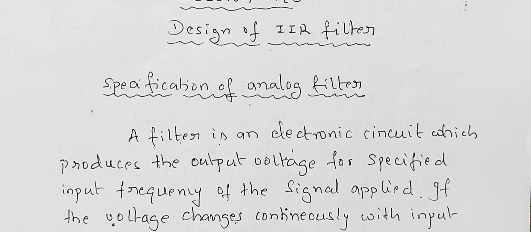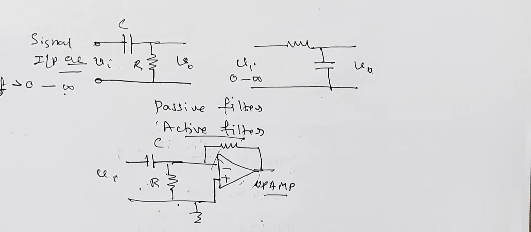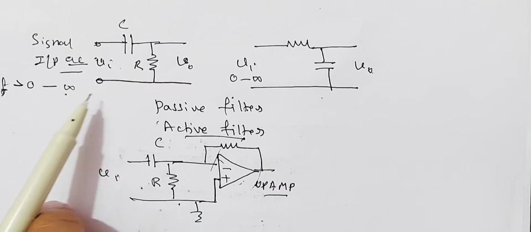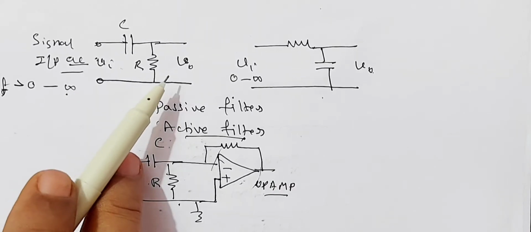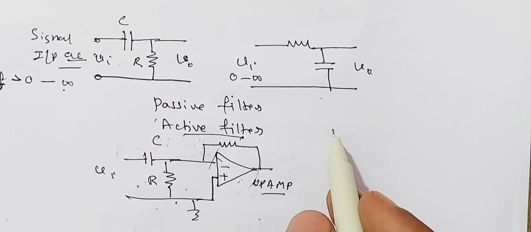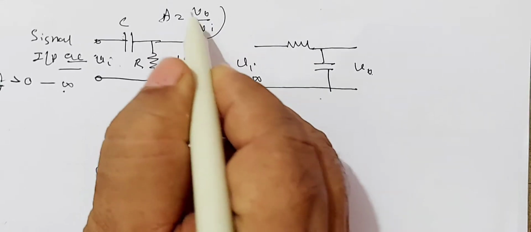Then draw the graph keeping the gain along the y-axis and frequency along the x-axis. This is called magnitude frequency response. In this circuit, the input voltage is fixed, whereas frequency changes from 0 to infinity. For that, you will get the output voltage. Then calculate the gain. Gain is given by VO by VI.